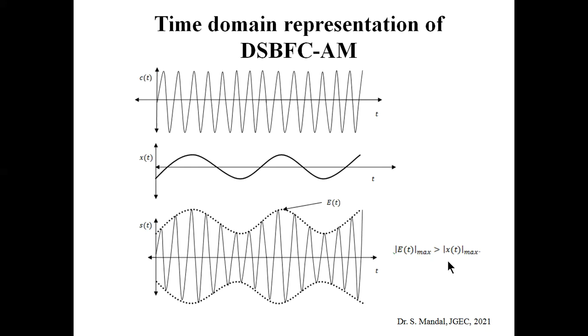Consider if the maximum amplitude of the envelope is 2 volt, whereas the maximum amplitude of xt is 5 volt. So obviously the variation according to the message signal will not be reflected in the envelope of the corresponding AM wave. So this is a very important criterion.